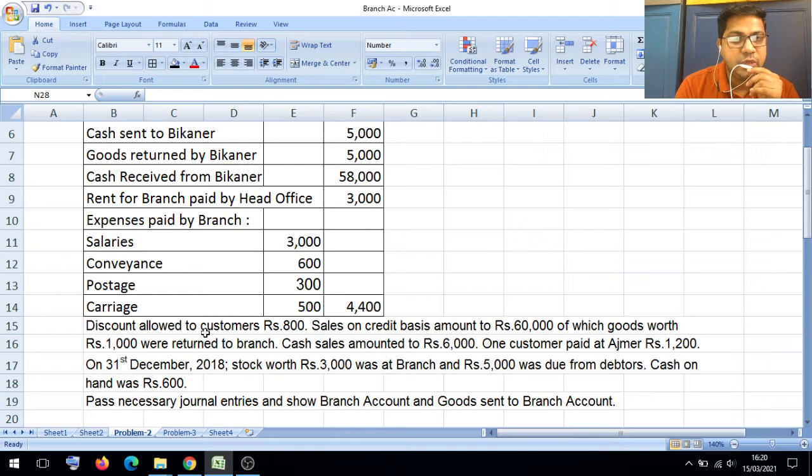Discount allowed to customers rupees 800. Sales on credit basis amount to rupees 60,000, of which goods worth rupees 1,000 were returned to branch.